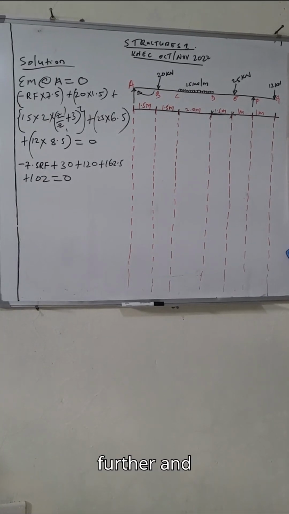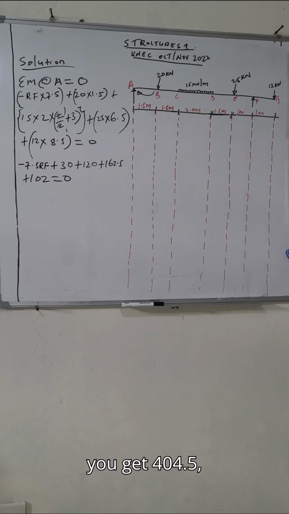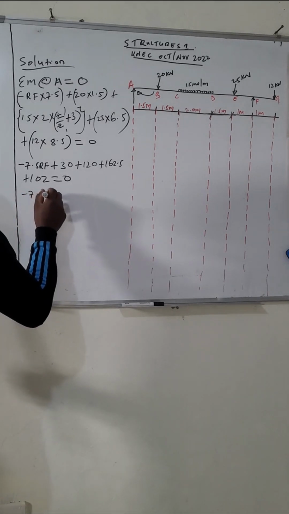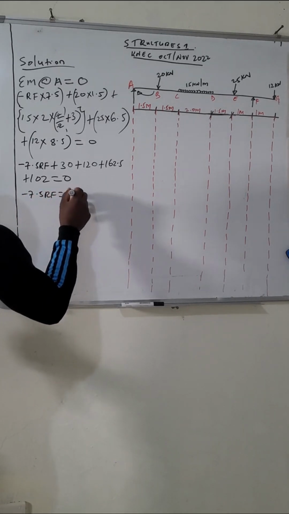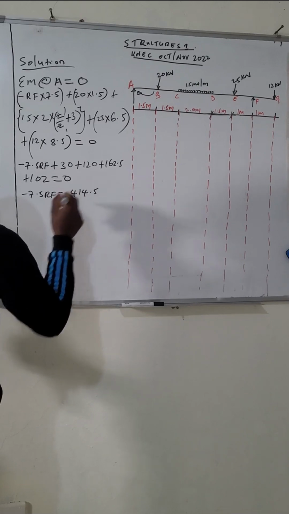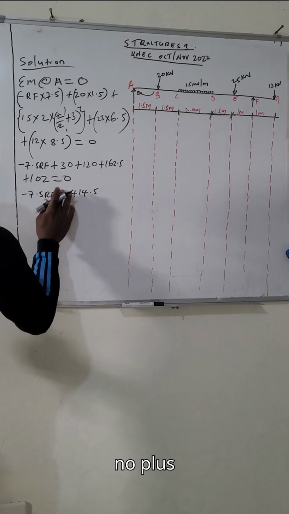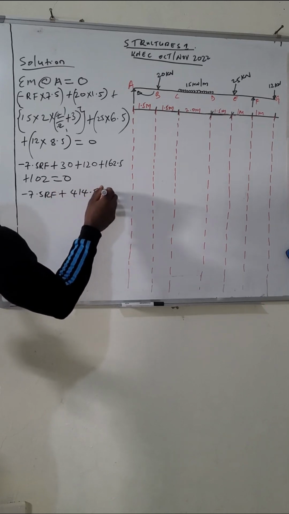Go ahead further and carry out the operation. So that is 30 plus 120 plus 162.5 plus 102. You get 414.5. So minus 7.5 RF plus 414.5 should give you 0.